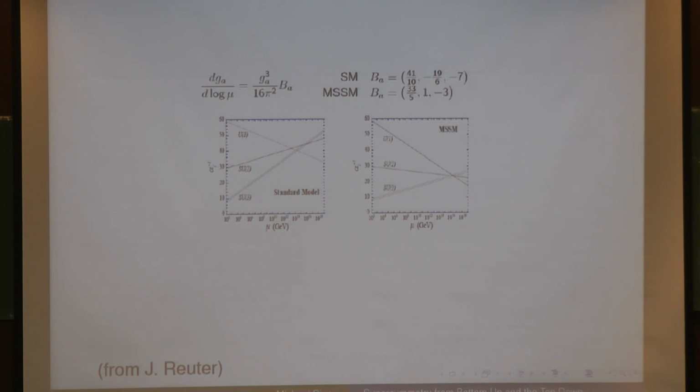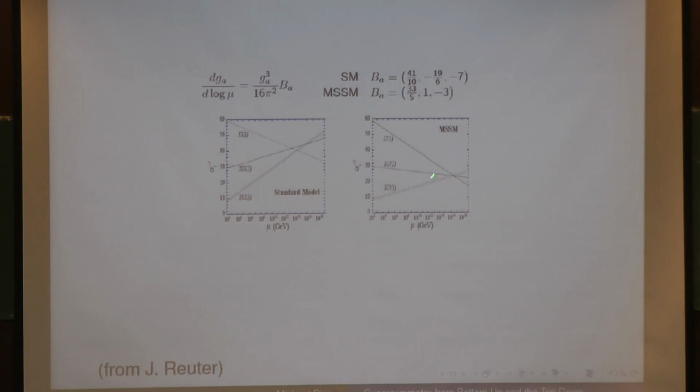The change in the beta function at the new threshold is the same for each coupling, and so as a result, this computation at one loop at least is unaffected. These 3 lines meet to some precision, which you can see in the picture, and you can debate a little about how perfect this is or isn't, but it's pretty good.